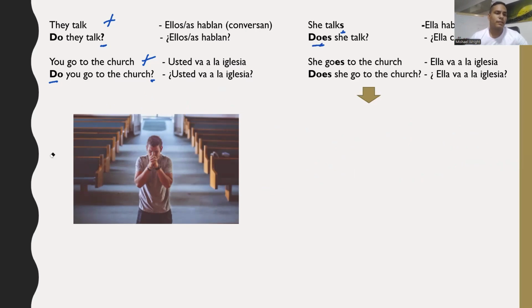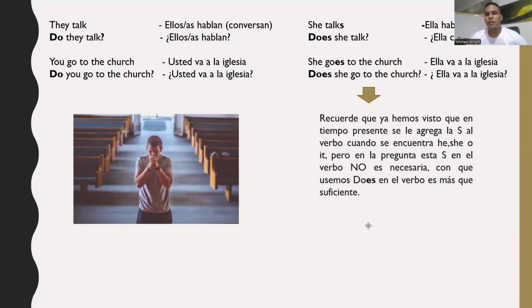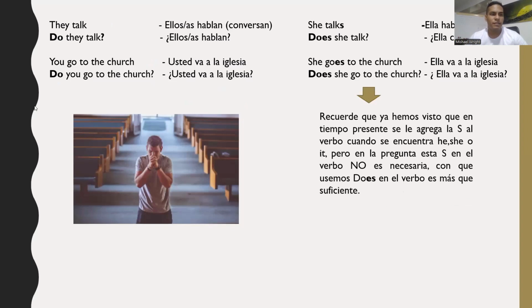So let's see what's next. Okay, so we have a note, a reminder here. Remember that we have already seen in simple present, we add the S to the verb when you find he, she, or it, right?